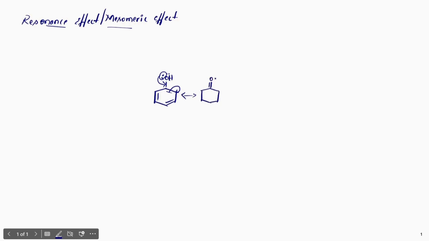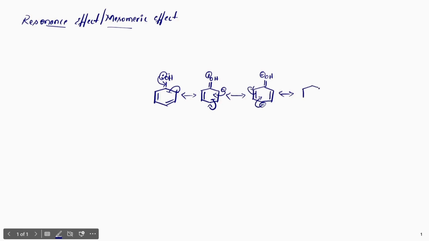Here double bond OH, negative charge, here double bond and double bond. Oxygen will have the positive charge. Okay. Here again this negative charge is involved in the resonance. So we can write here double bond OH, double bond here, negative charge and double bond. Next, again this negative charge is involved in the resonance.